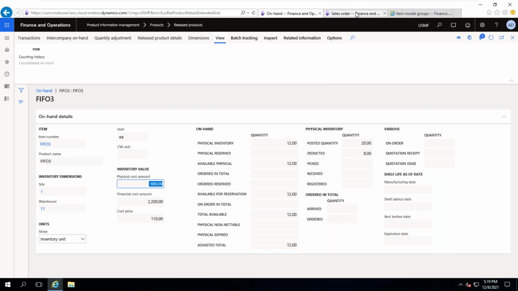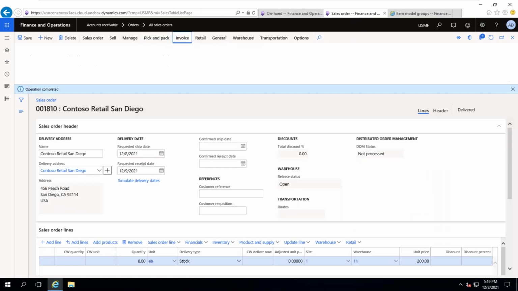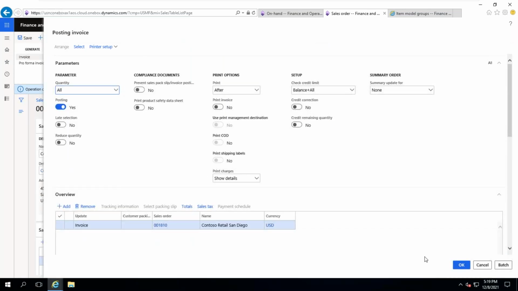Let me do the invoice. Generate invoice button. So click on OK.